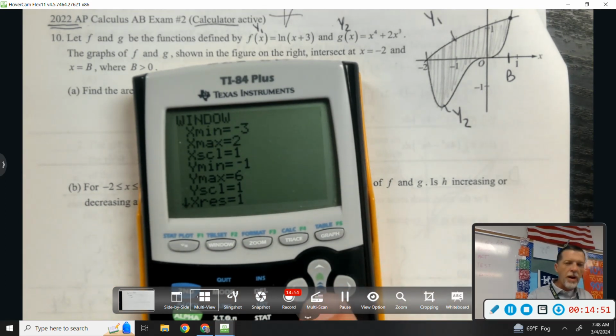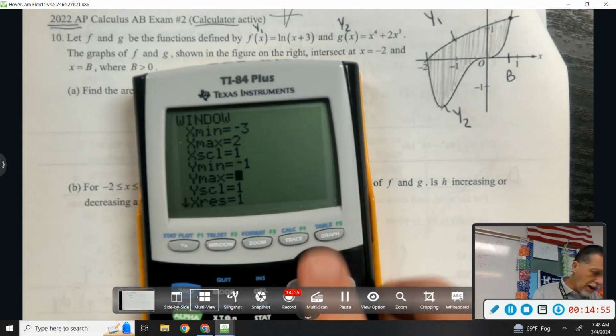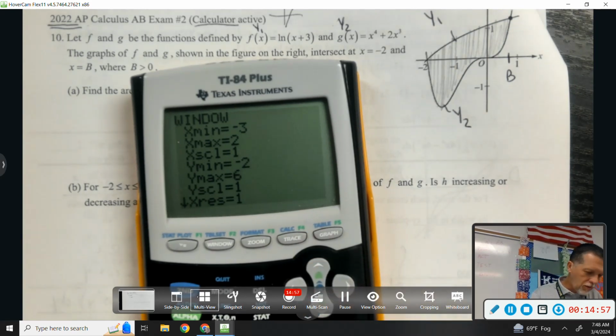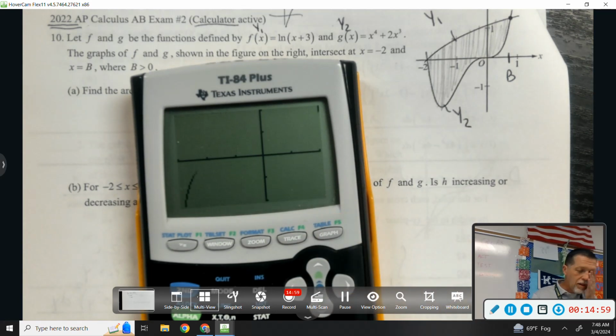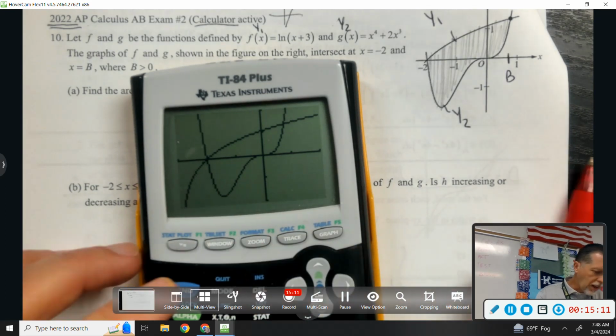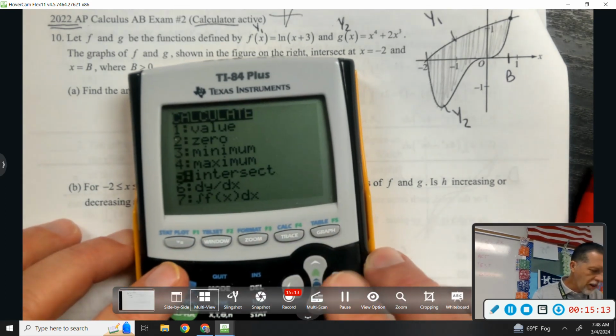I'm going to go a little bit past what I definitely need to see. And then y's, I'll go -2 to 2, should be more than enough. So there's my natural log graph. There's my x to the fourth graph. We know this one intersects at -2. We're looking for that other intersection.